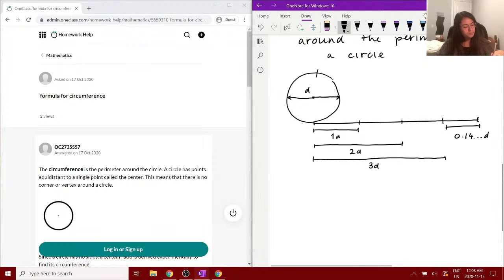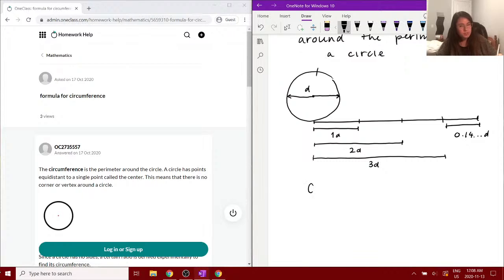So actually the circumference is equal to pi, which is 3.14159, etc., pi times the diameter.